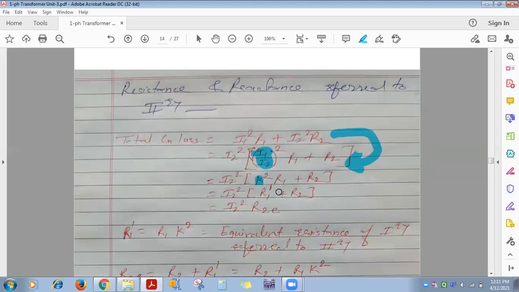So what does it mean? See here, R1 into K square. Whenever resistance and reactance have to be transmitted from primary to secondary, multiply by K square. The rest is the same as earlier.